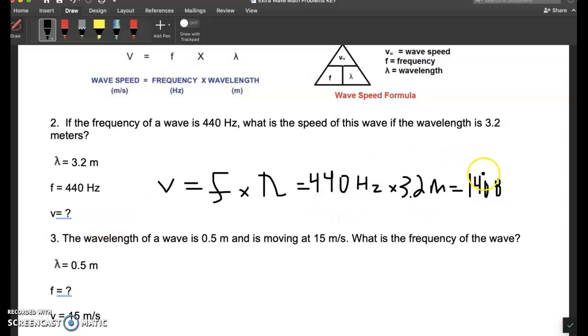And it's wave speed, so that would be meters per second. That's pretty fast.